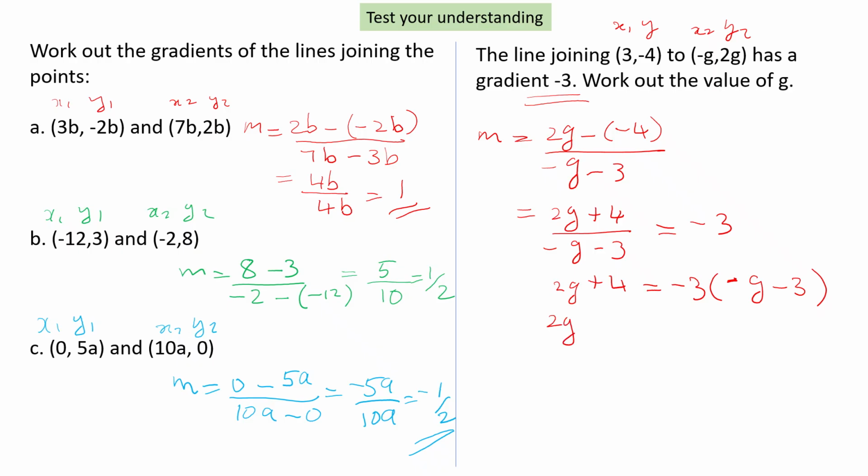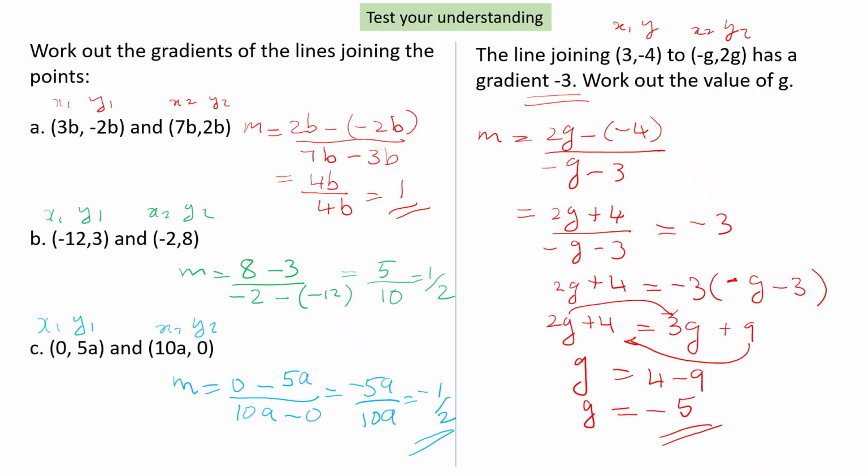So 2g plus 4 equals negative 3 times negative g, plus 3g, negative 3 times negative 3, plus 9. Now rearrange this one: 3g minus 2g, g. So g equals 4 minus 9, so this is minus 5. So g equals minus 5.